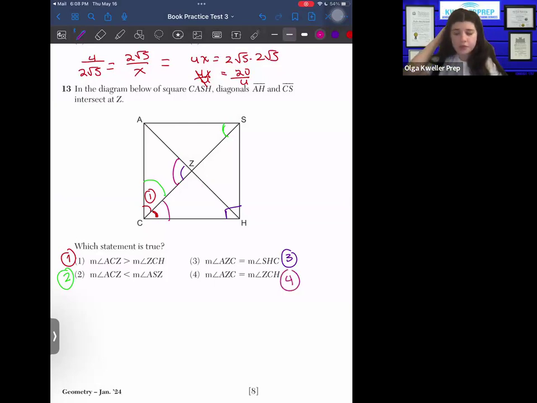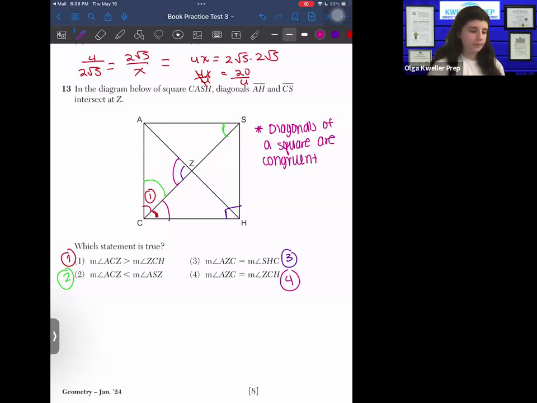Okay, sorry, I know the picture is confusing, but whenever you see diagonals of a square, you have to know that diagonals of a square are what? They're congruent, correct? And what else? One more word. Correct.